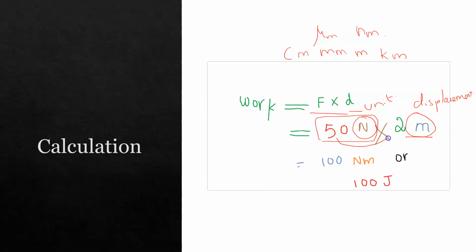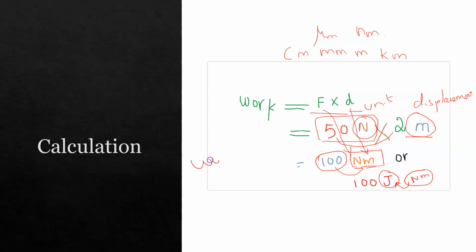And you multiply the two numbers. 50 multiplied by 2 is 100 Newton meter. This is the total unit for work. Newton comes from the force, meter comes from the displacement. Now 100 joules, because Newton meter is equal to joules.